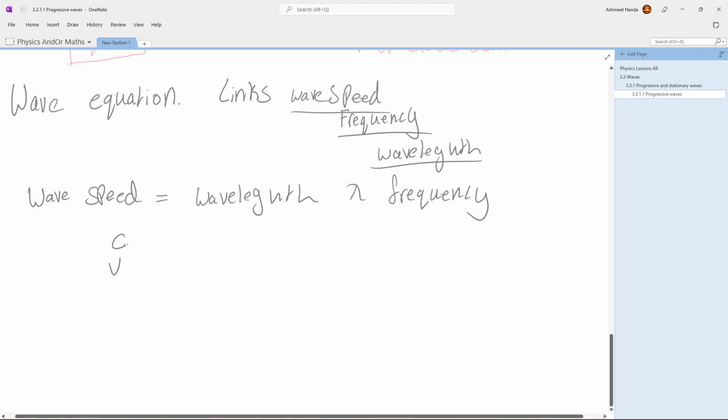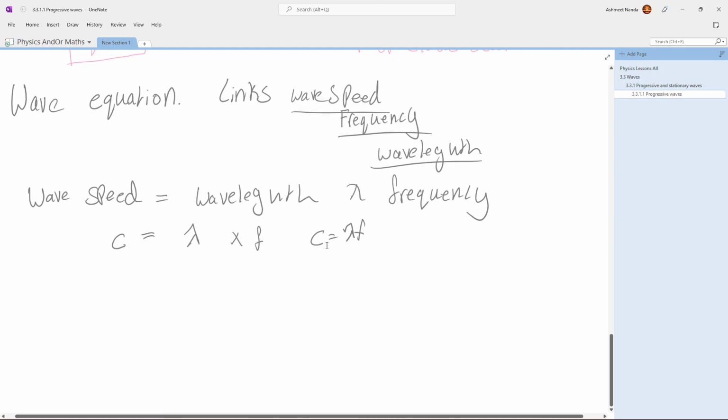C is usually used for the speed of light, and v is also the wave speed, but in our equation it's c, I believe. So c is wavelength times frequency. That's it: c is equal to wavelength times f. c equals f lambda. And that is your answer.